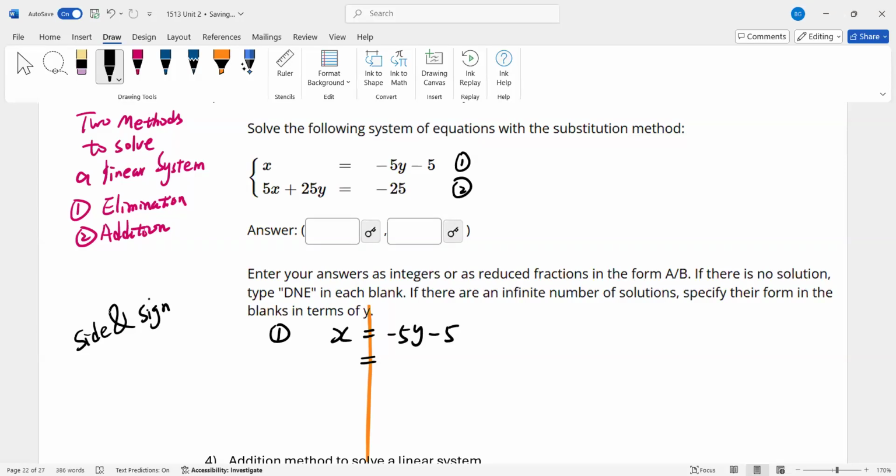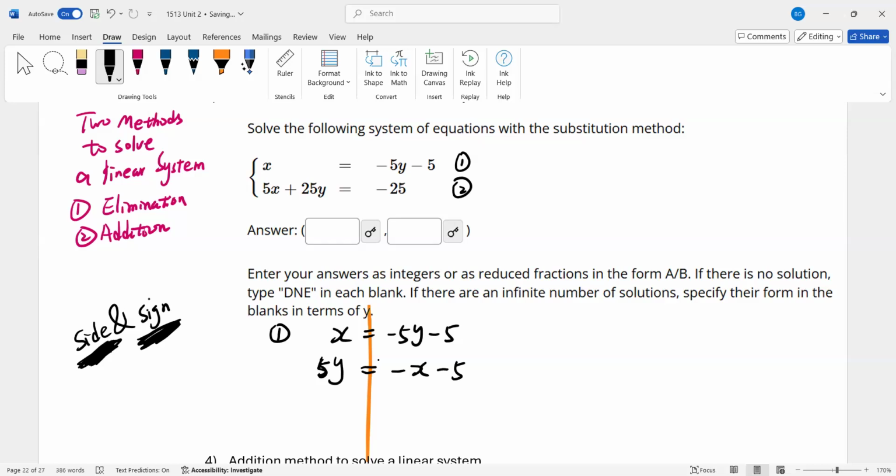I'm going to move -5y to the left side, and it becomes +5y. When we move a term from one side to the other, we need to switch the sign. So the -5y is negative on the right, now positive on the left. Similarly, I'm going to move x to the right, and I have -x, right? X is positive on the left side, now on the right side it becomes negative. I'm going to bring down -5.